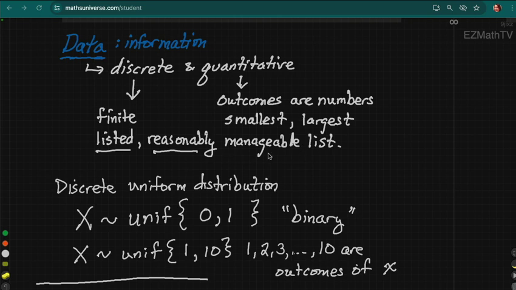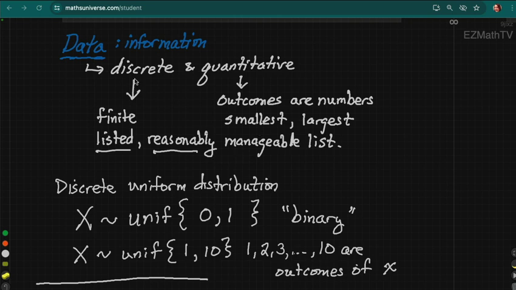Like if you had 1,000 different outcomes, then we might not consider that to be discrete anymore, because there's just too many outcomes. But if it's finite and it can be listed in a reasonably manageable way, then we call that discrete. It's quantitative in the sense that our outcomes are numbers that can be listed from smallest to largest, okay?